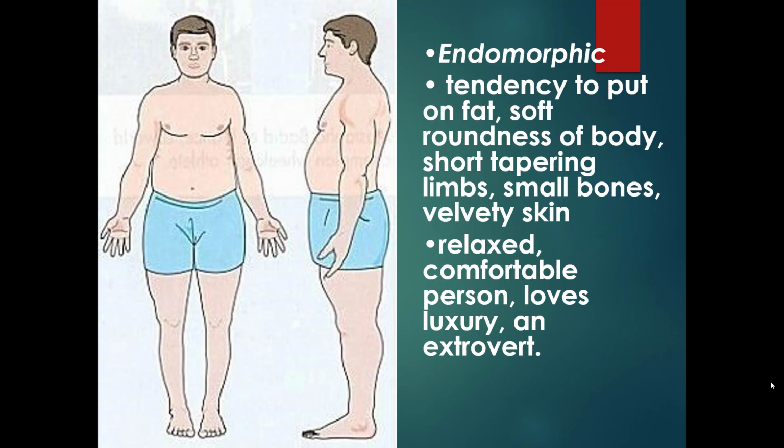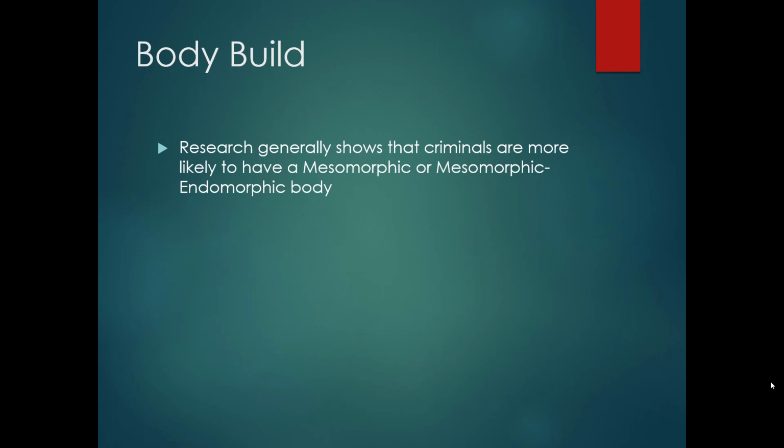So what did we find with Sheldon's body types? Well, the research generally shows that criminals are more likely to have a mesomorphic or mesomorphic endomorphic body type. So there is a relationship between body type and the juveniles that you were typically seeing in these institutions. Other people came along and applied it to females and found pretty much the same thing.